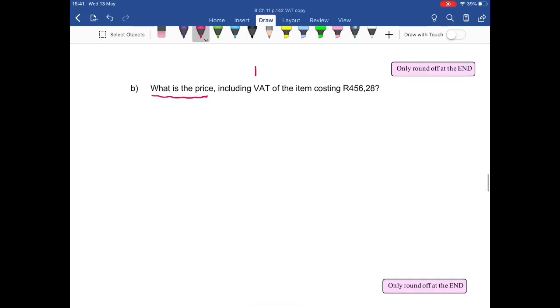So we know that VAT is 15%, so I'm going to increase that by 15% because VAT we add on. 456,28 plus 15 over 100, multiplied by the price, which was 456,28. And if you want, you can put that over 1. Put that in your calculator, and you will see it's the same as what we worked out before.